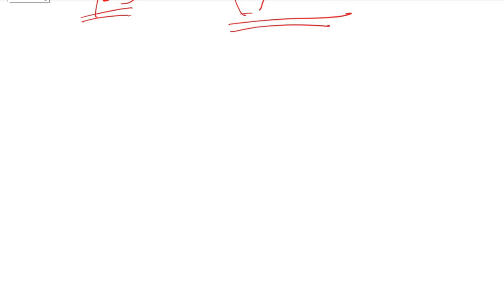Okay, so next let us do one numerical problem. That will give a good idea how to convert a given signal, the graph plot of a given signal, into the form of a mathematical equation.